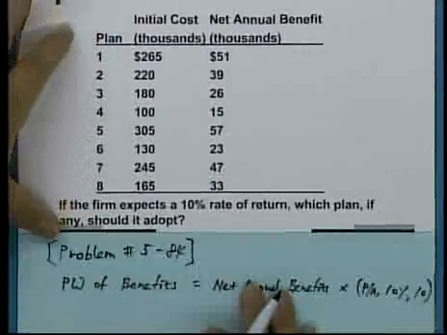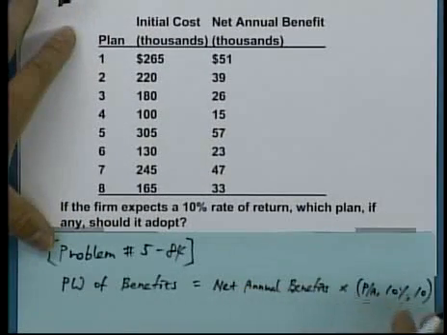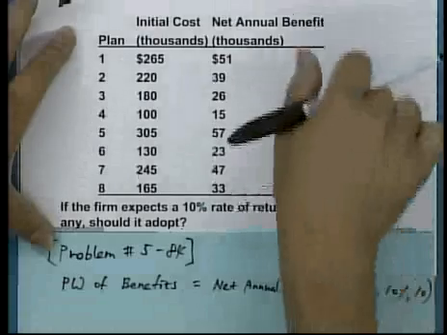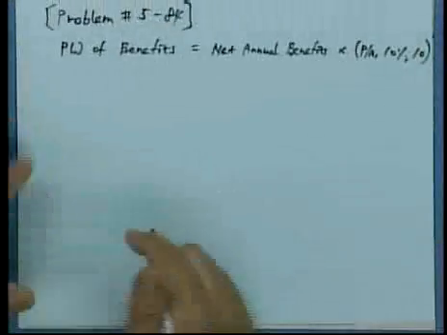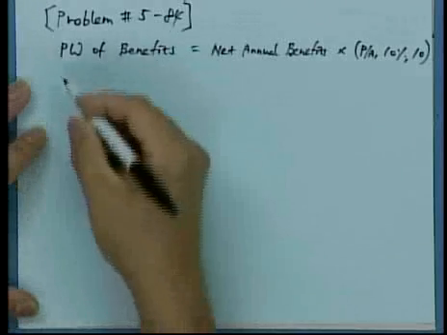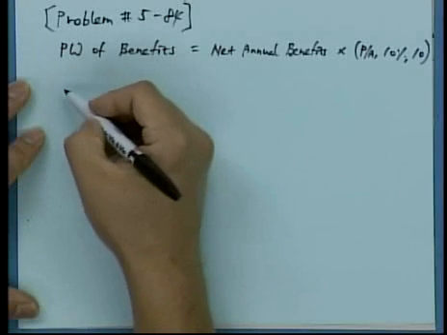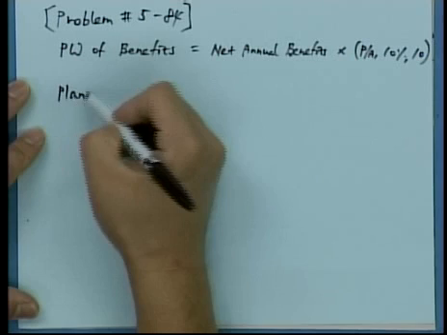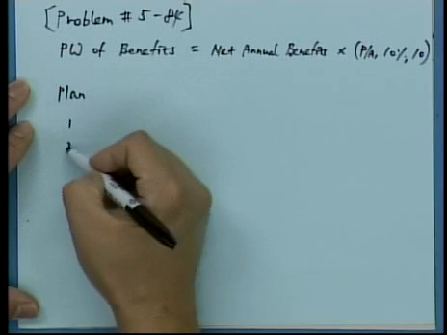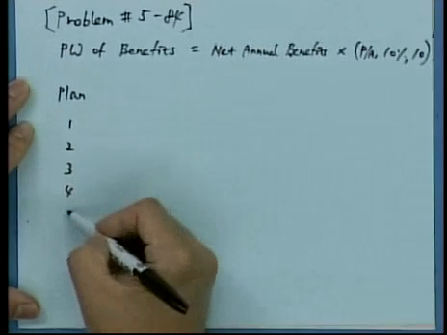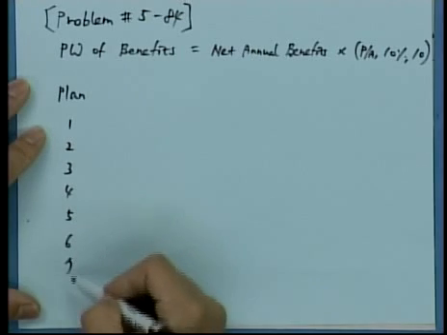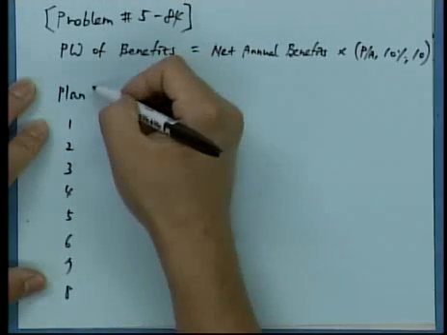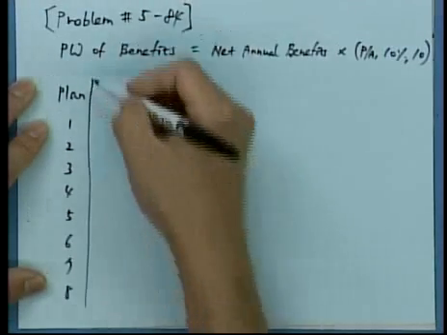So let's add one more column to this original table. Or let me reconstruct the table. 1, 2, 3, 4, 5, 6, 7, and 8. So we have 8 different plans.